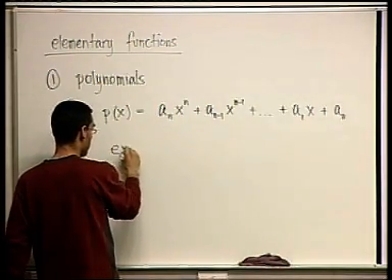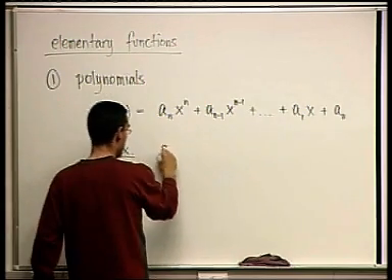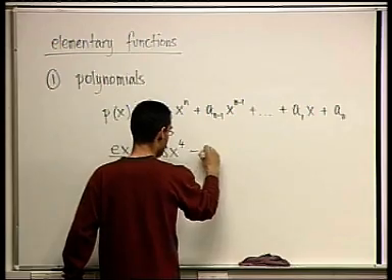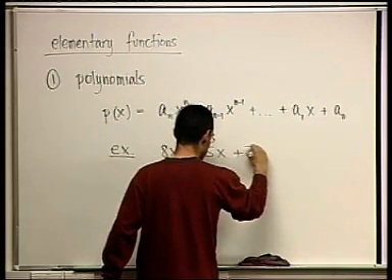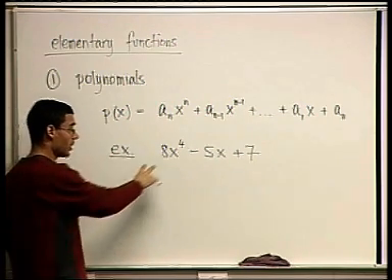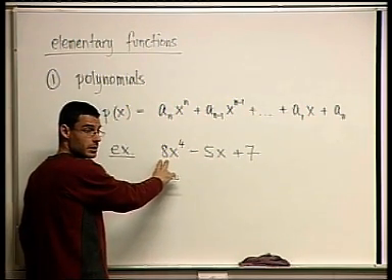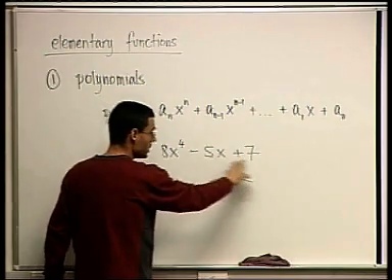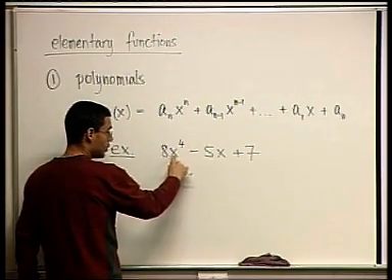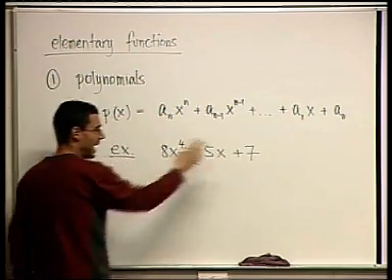So example, 8x to the power 4 minus 5x plus 7. This is a polynomial. There are coefficients, they're just numbers, and each one multiplies a power of x.